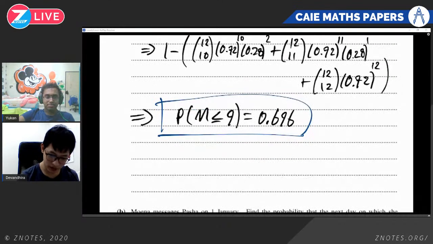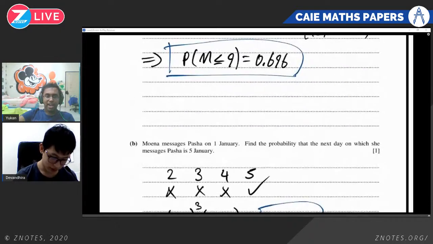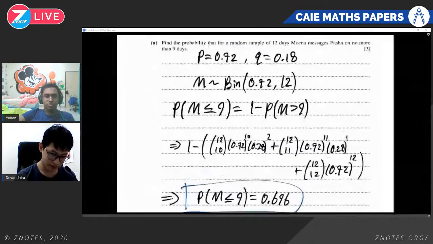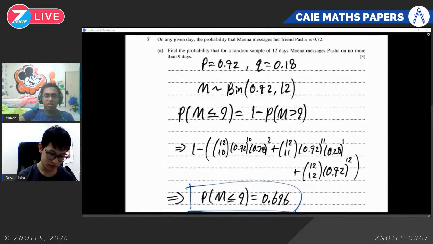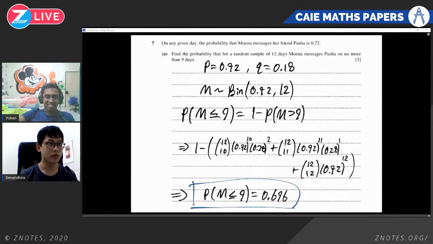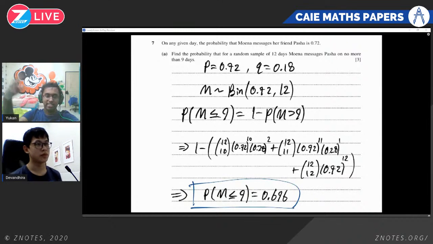Also, just to add, if some of you find this way really long, you have to write this out to get your marks. But if your calculator has something called a sum operator, it looks like a sigma, you can learn how to use it and just type out the variables and take your sum from, in this case, 10 to 12.